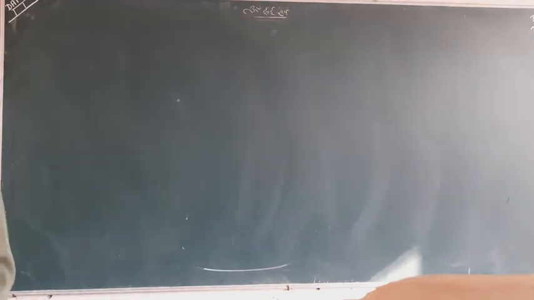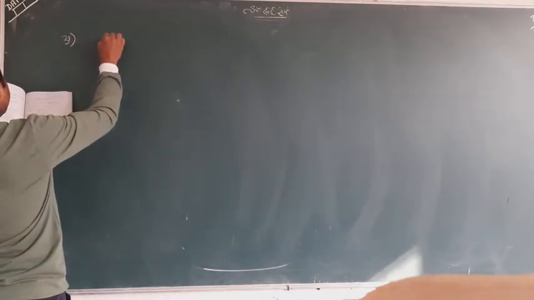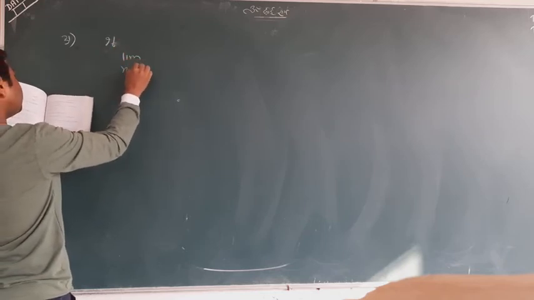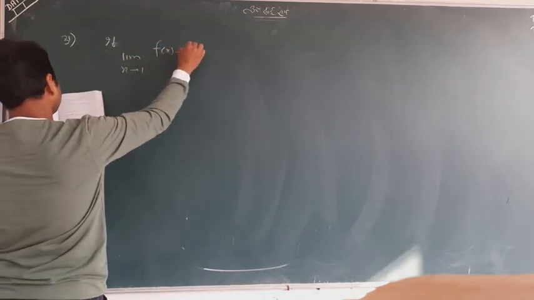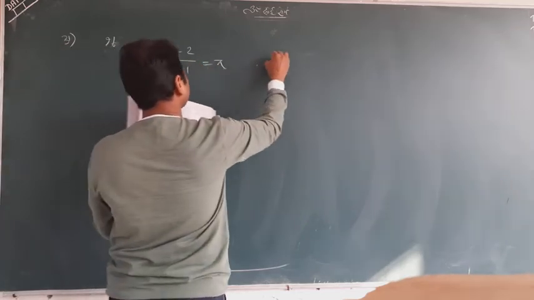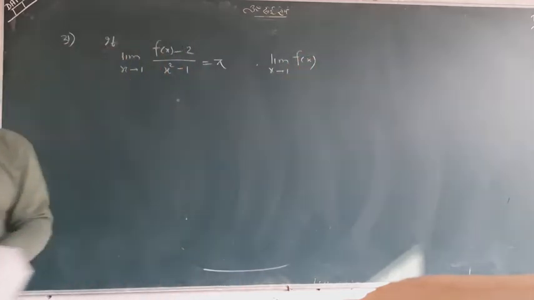Now let me tell you the next question. Question number 31. If the function f of x satisfies limit x tends to 1 of f of x minus 2 upon x square minus 1 equal to pi, then what is the value of this one?